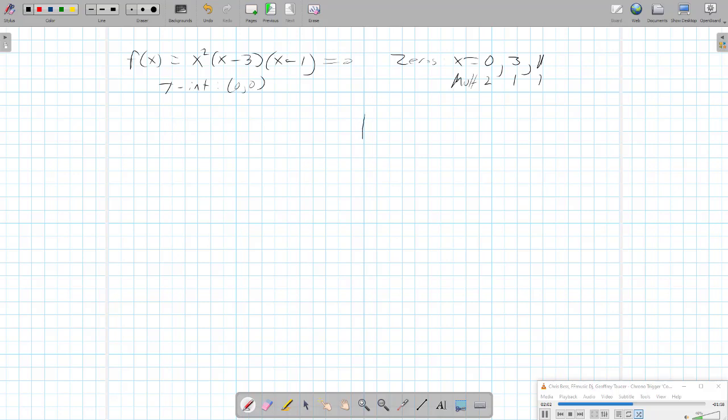So, let's take a look here. Generally, I don't decide on my y-axis scale until I've looked at a few points. So I might as well go by ones on the x-axis though. 0, 1, and 3.